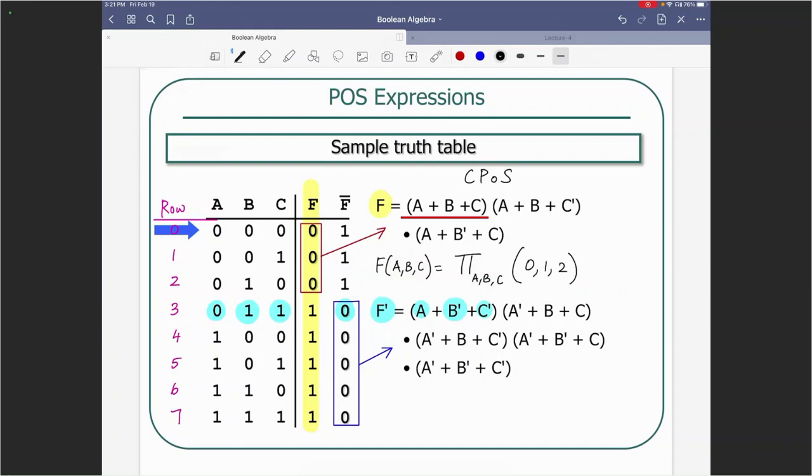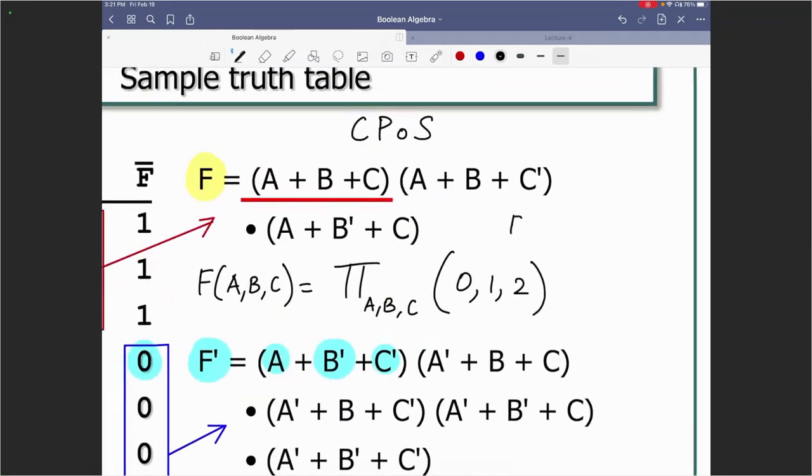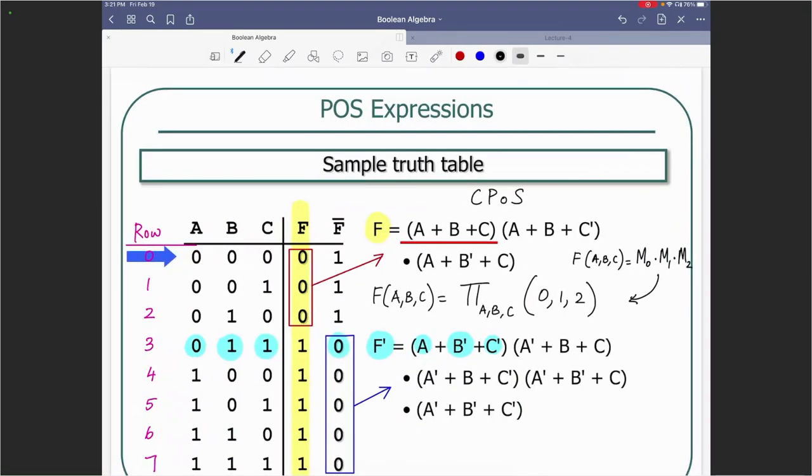This is sort of the same thing as saying F equals, here it is very important to write ABC, equals max term 0 and max term 1 and max term 2. Or short form, just the numbers. So they are all the same. Let me put a divider right in the middle, right there.